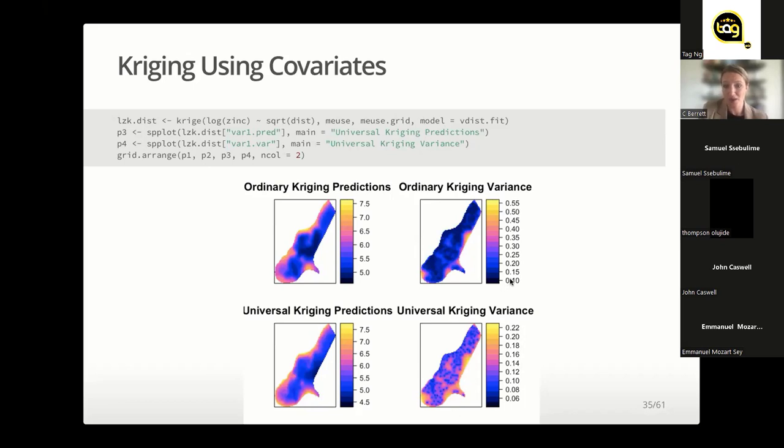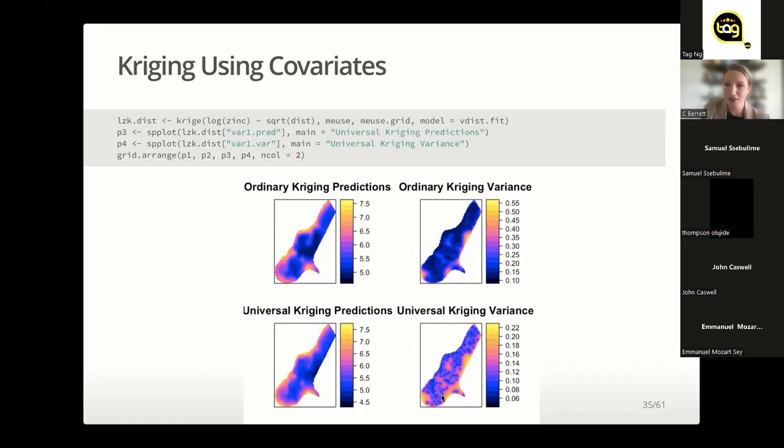So instead of going from 0.1 to 0.55, our variance now goes from 0.05 to 0.22, and it's a lot clearer. The variance is smallest where we have observations, so it's a lot easier to see where we have observations, simply because the variance is smaller.